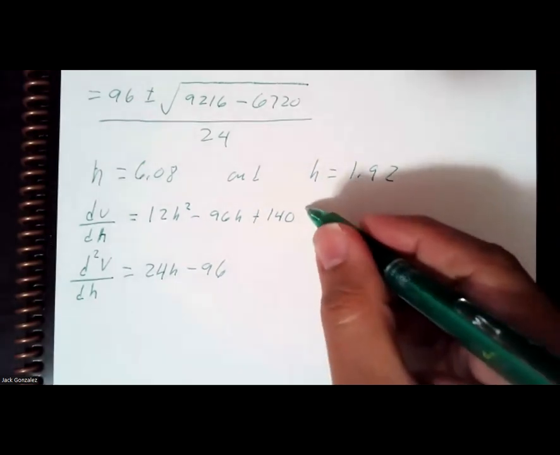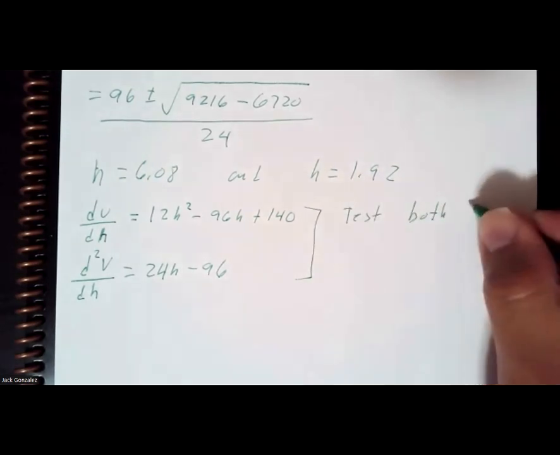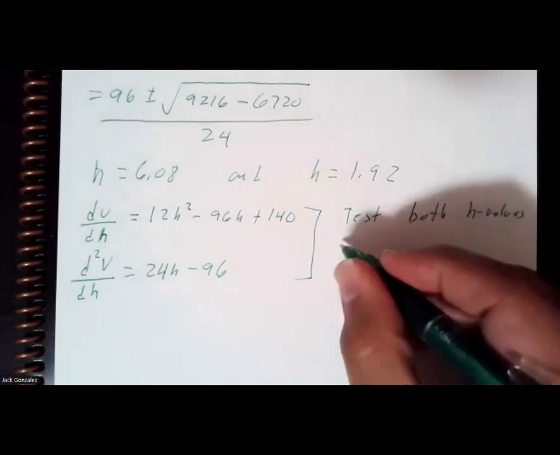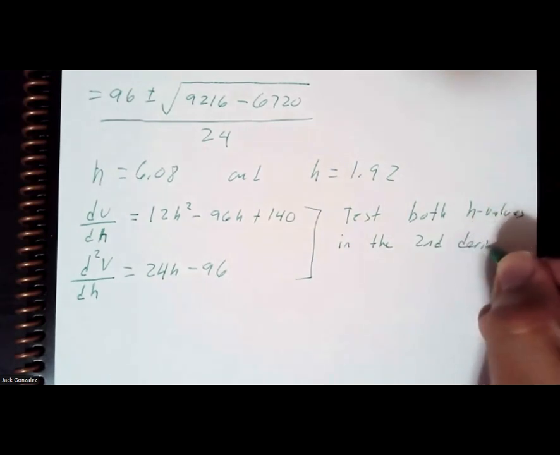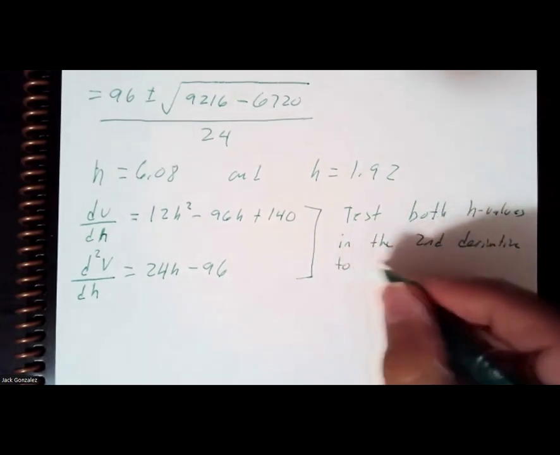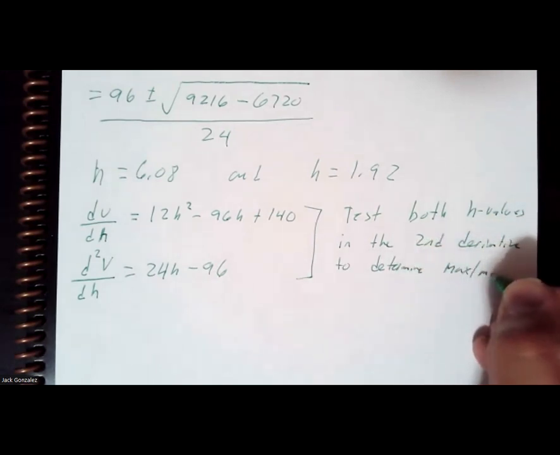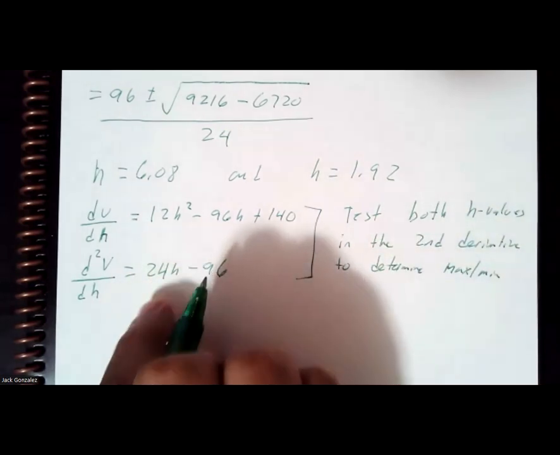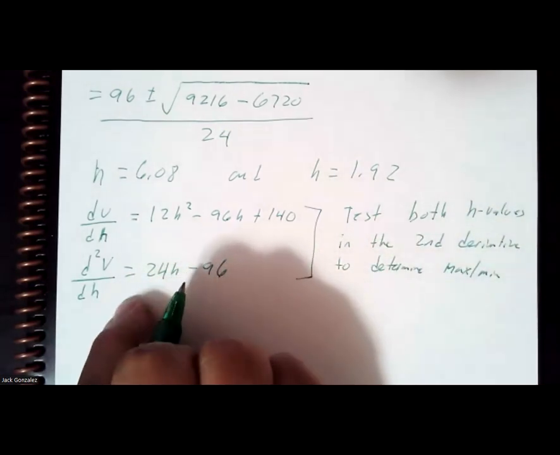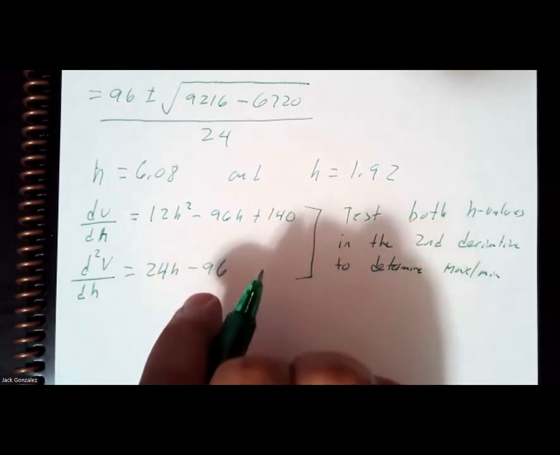I'm going to make a note here: test both h values in the second derivative to determine max or min. So that is the second derivative test that I'm using here. You could have done the first derivative test if you wanted to, but it is easier to do this because this is a simple function to take a second derivative of.